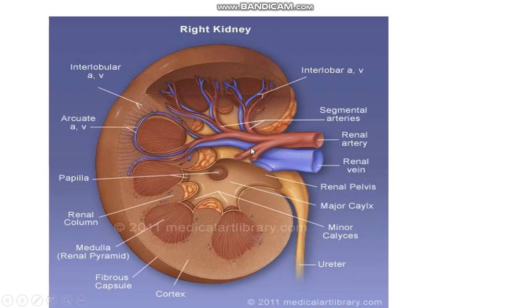Then on the middle part of the medial border, at the hilum, the medial border is concave in shape, but the lateral border is convex throughout. All of the lateral border is convex in shape.